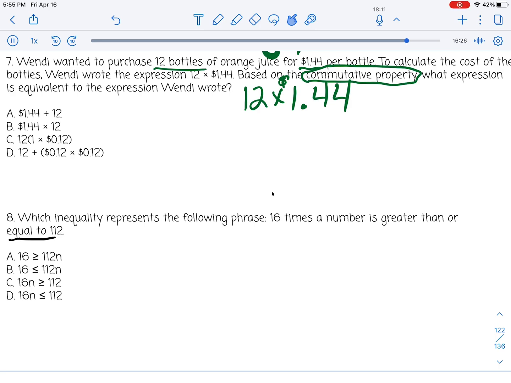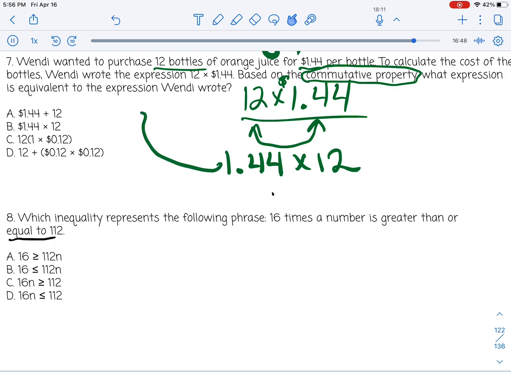If I have 3 times 2 equals 6, I can do 2 times 3, and I'm still going to get the same value. So right here, if I switch the order, it won't change my value. So rewrite it, $1.44 times 12. Let's see which answer choice matches that. Oh, B is going to match. So our correct answer is B.